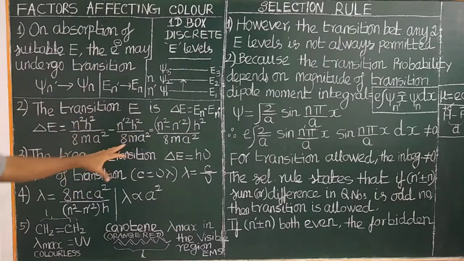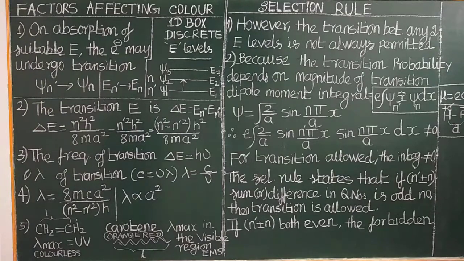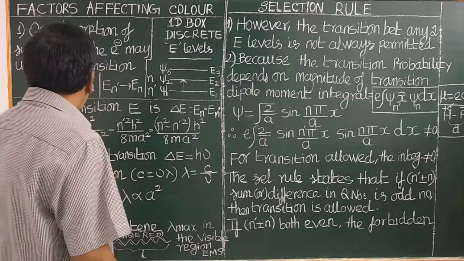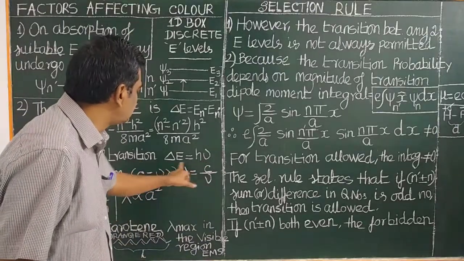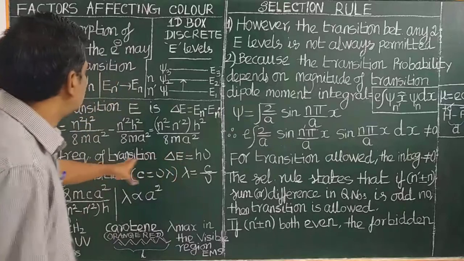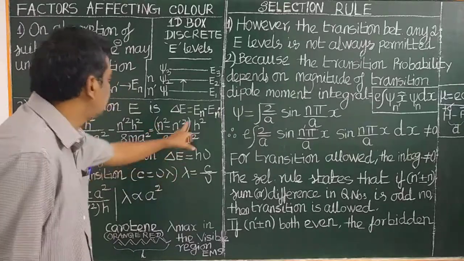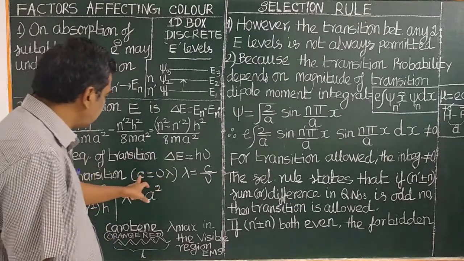From the energy of transition, one can calculate the frequency of the transition using this relation. Therefore, nu equal to delta E by h. Delta E known, then you can calculate this. And also, the wavelength of the transition is calculated using this relation.